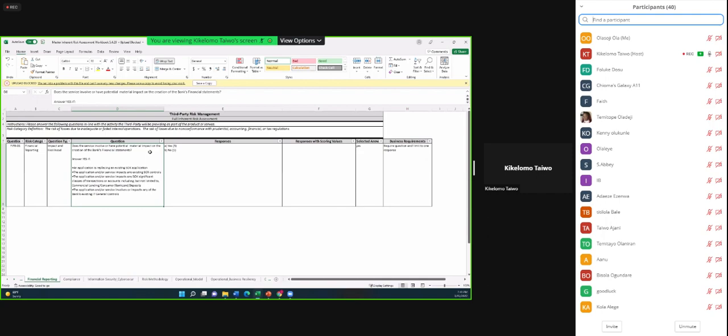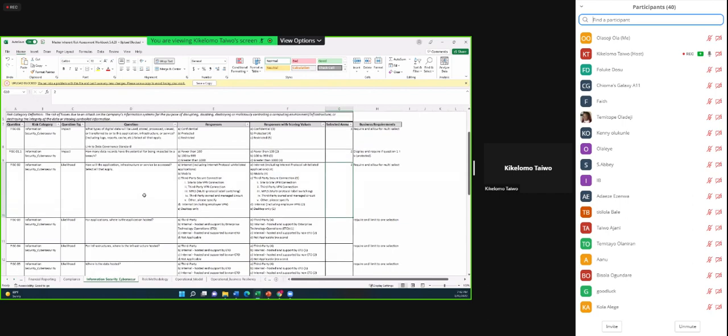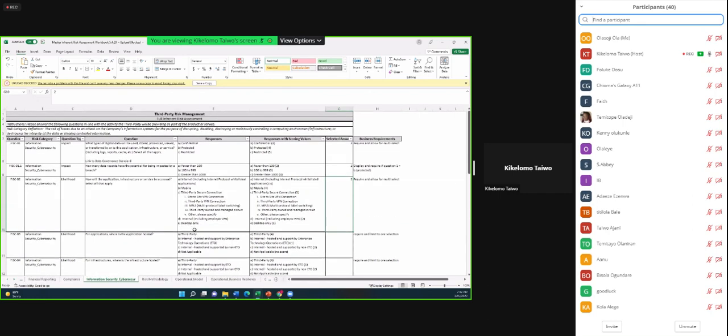So your job is more like a facilitator. You don't review. The same thing applies to information security. The risk partner will review what has been completed in the meeting with you as the assessor and the business owner.